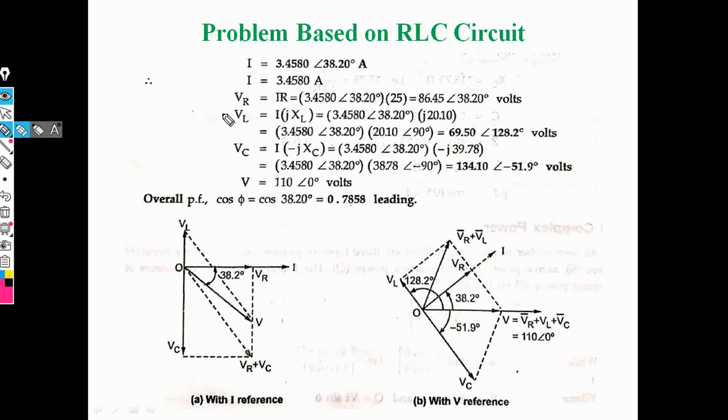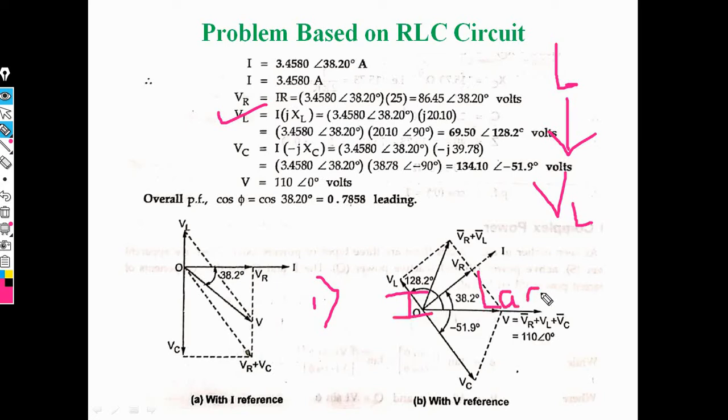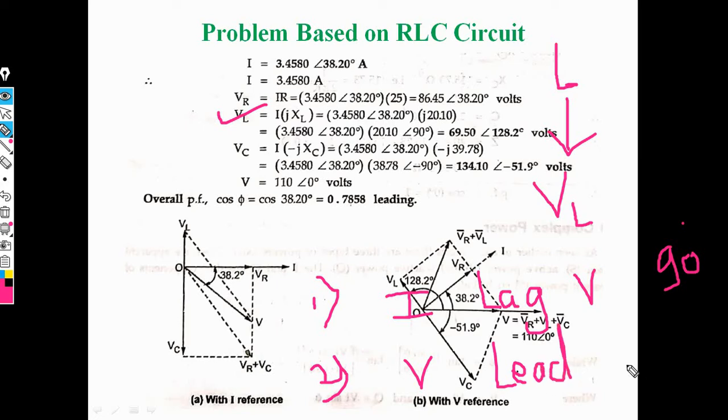Here we have considered the inductance, and we have obtained the voltage drop across inductance. In an inductance, the current I lags the voltage by 90 degrees, that is, the voltage leads the current by 90 degrees.